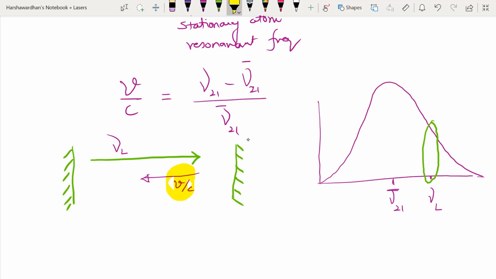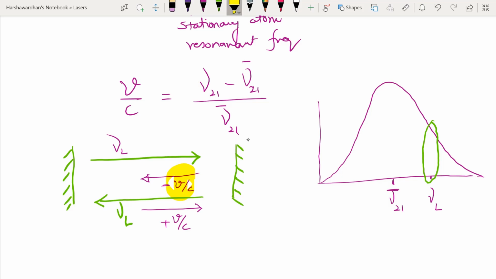If these atoms are in resonance with nu L, there is an exactly equivalent set of atoms traveling backwards. So if this was minus v by c, this is plus v by c. And there is, of course, the backward traveling field, which is exactly of the same frequency nu L.